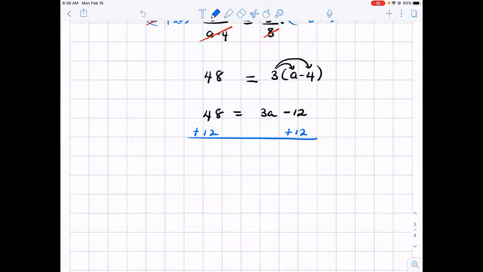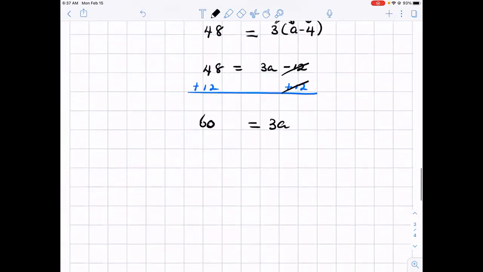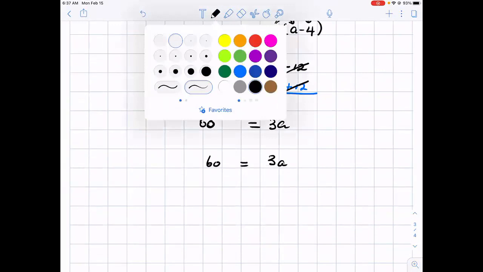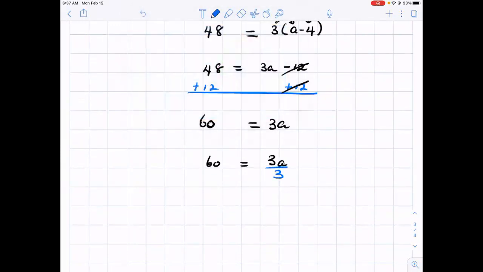And if I do that, 48 plus 12 becomes 60, and that is equal to 3a. The minus 12 and the plus 12 become 0. So we have 60 is equal to 3a. And to get a by itself, I will now divide both sides by 3.